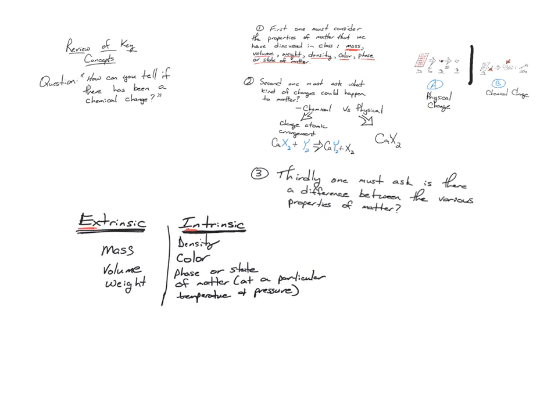So the very basic definition, the one we talked about in class that you'll be tested on, is extrinsic depends on how much you have, where intrinsic does not. I'm sorry, reverse that. Intrinsic does not depend on it.